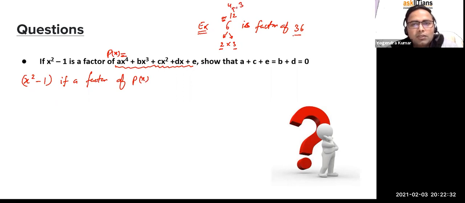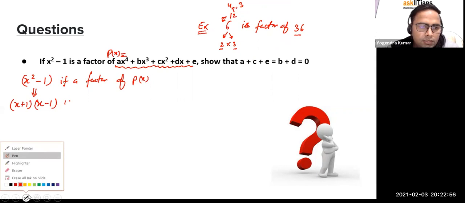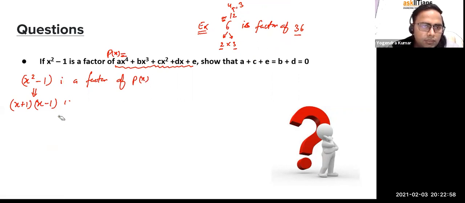Are those factors of 36 or not? Yes, 4 is also a factor of 36 and 3 is also a factor of 36, right? So if you understand that, can I say here the factors of this are what? x plus 1 and x minus 1 are factors. They mentioned this, so I should not write 'if' here, I should write 'is'.